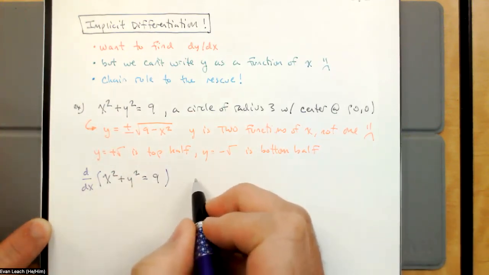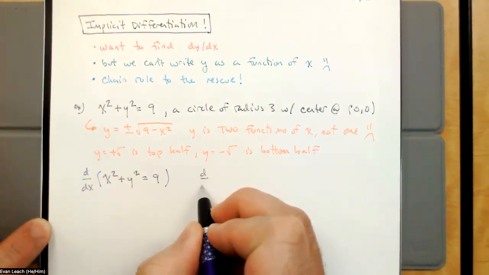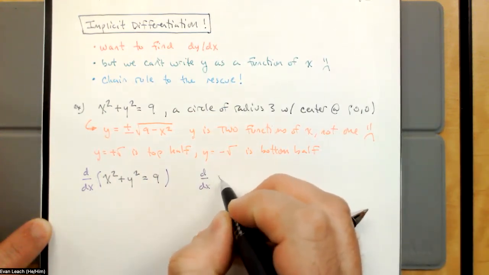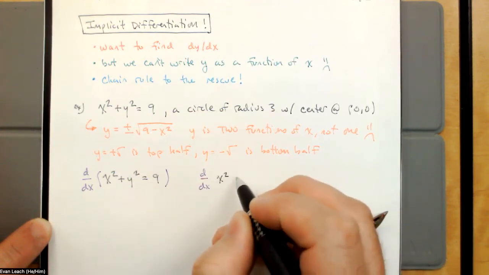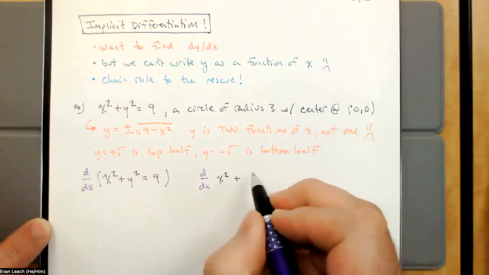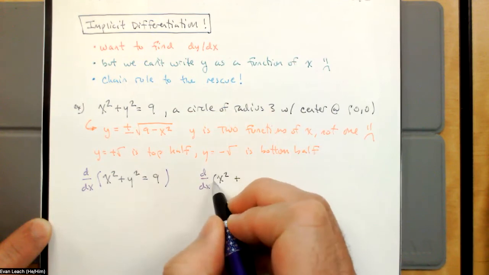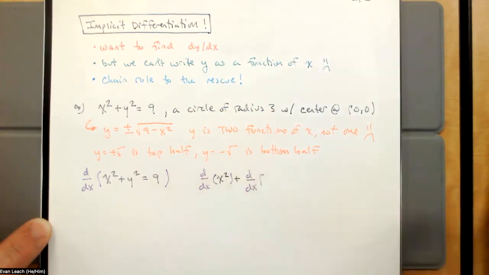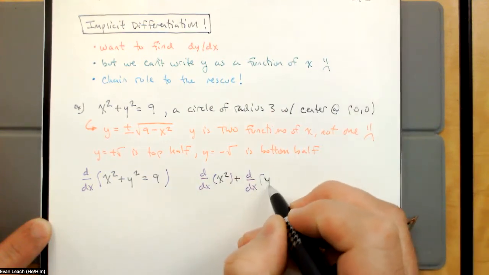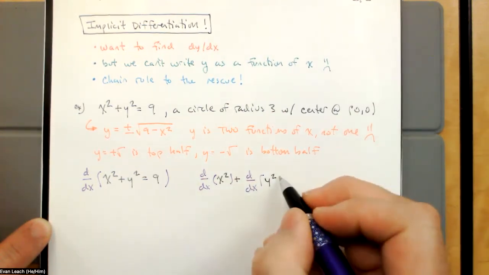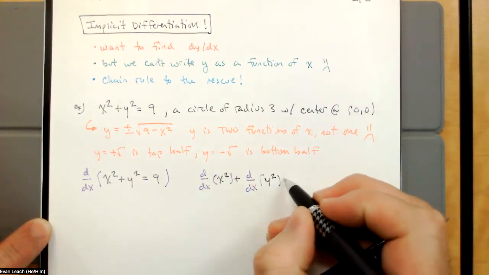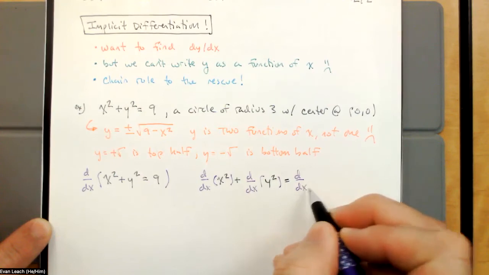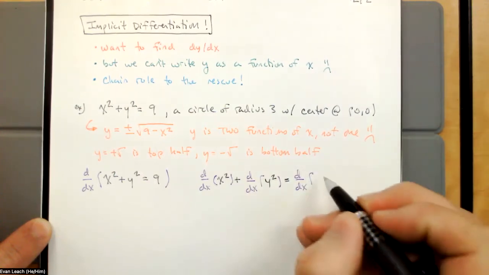So I want the derivative with respect to x of the x squared plus the derivative with respect to x of the y squared. And then on the other side, we'll have the derivative with respect to x of the 9.